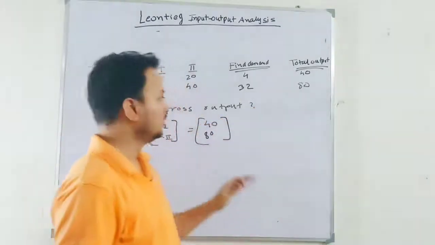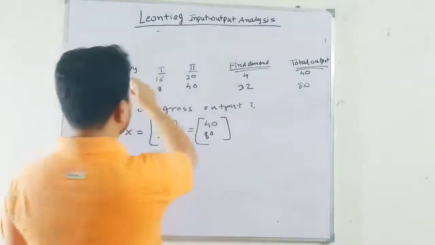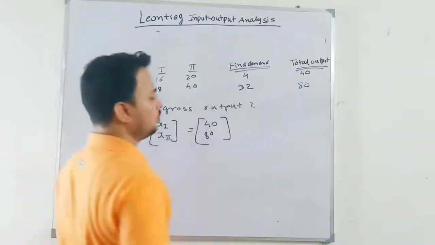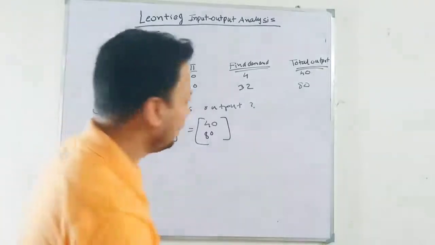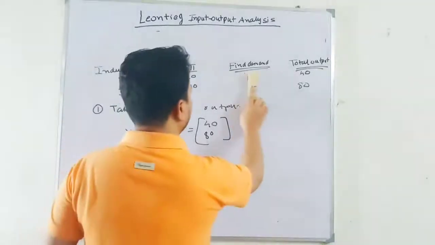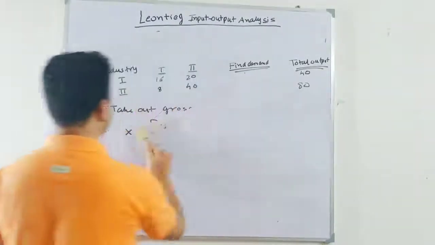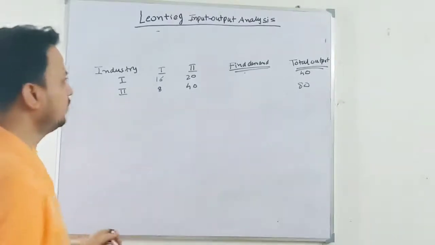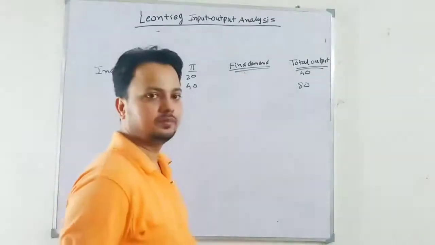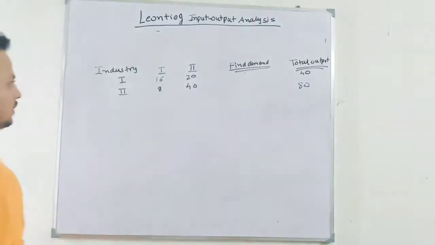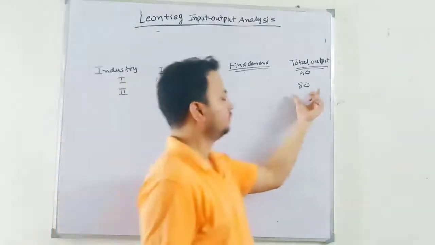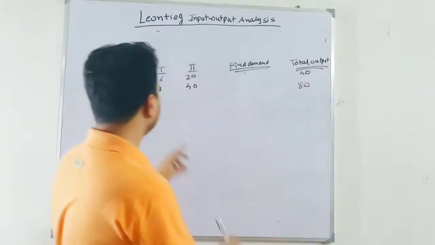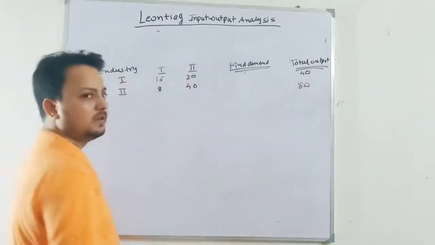In the examination they will give you this information and ask you to find the gross output, or they will give you this much information. Now you have to find your final demand. This is X1, the production of industry 1, and this is the internal demand of industry 1.